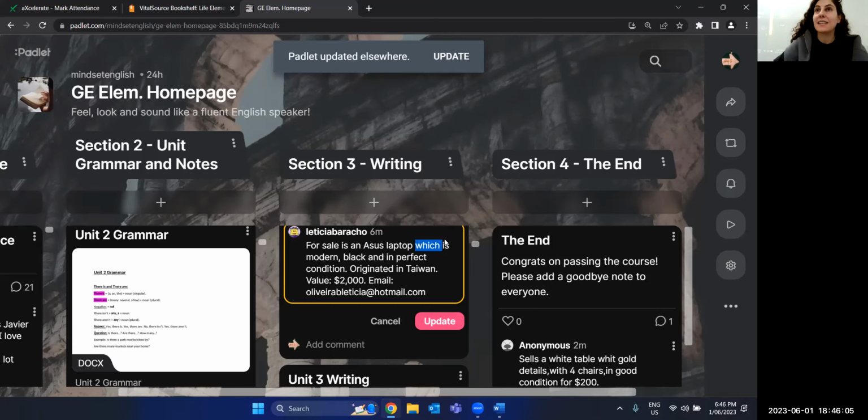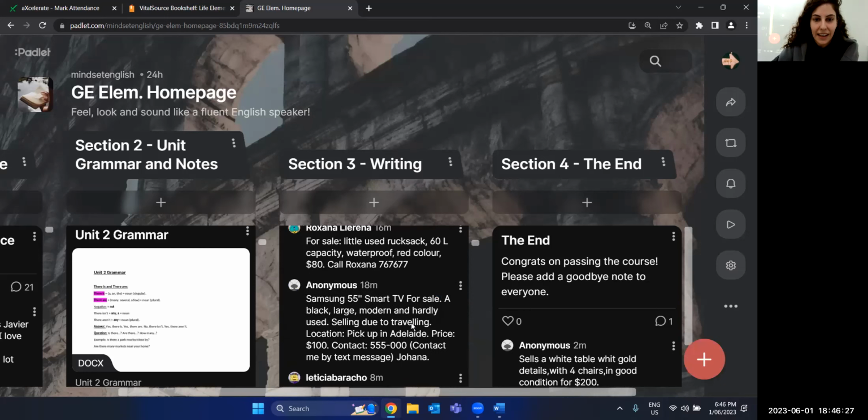Which, I connected my sentence by saying which is modern, black, and in perfect condition. Full stop. Next sentence, where it's made, full stop. Next sentence, the price, full stop. So every sentence must have new information. That's how you know where to put the full stop. And email, good.